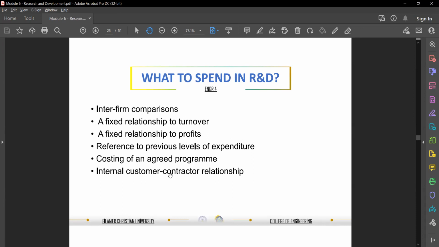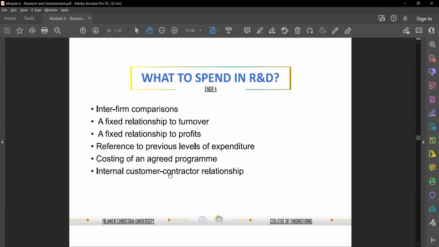Di ba? And then, reference to previous levels of expenditures. So, dito kinukuha na rin nila yung mga previous research material nila para makapagtipid. Okay? So, refers nila sa previous levels of expenditures. So, based sa previous research nila, so ilan yung gastos nila.